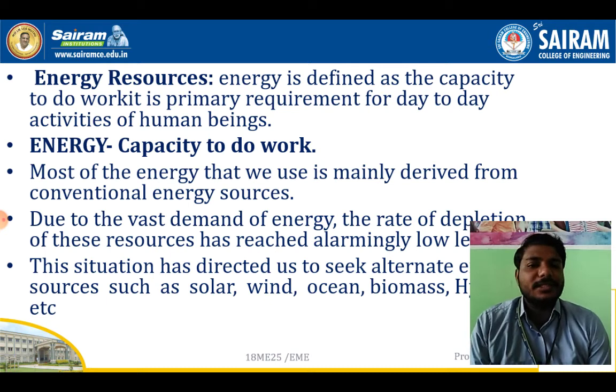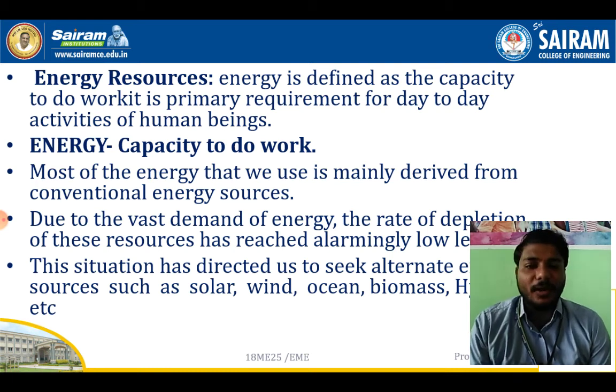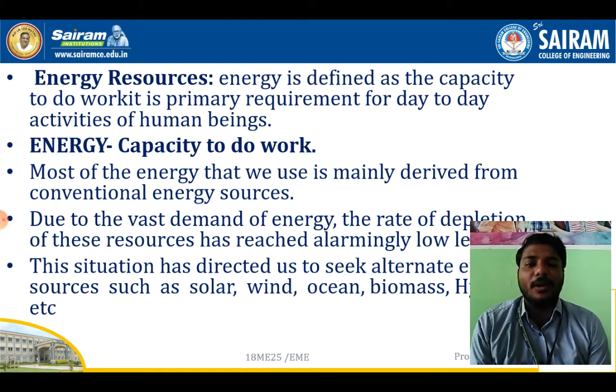Most of the energy that we derive comes from conventional energy resources. So what is conventional and non-conventional? That is, what is renewable and non-renewable. Renewable energy sources keep renewing, meaning the energy is continuously developed without any obstacle. Non-renewable sources, after a few years, may vanish or may not be available.